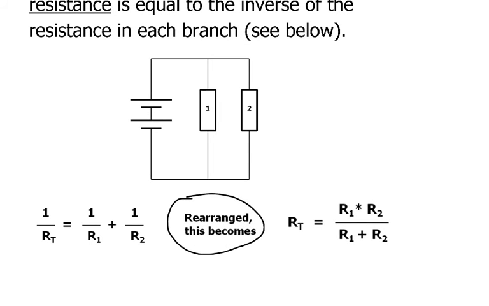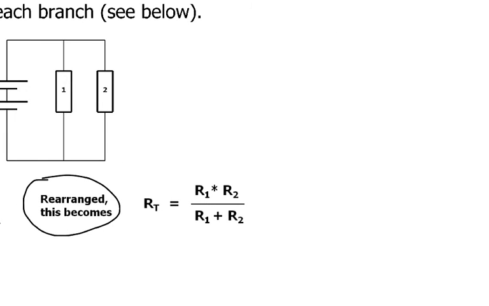Once you do some algebra on that mess, you get this other equation right here. I could show you the steps of this in class if you want me to, but if you do the algebra to get a common denominator and rearrange it all, you end up with this: R1 times R2 divided by R1 plus R2. I'll do a really simple version of this. Let's say both of those resistors are 10 ohms.